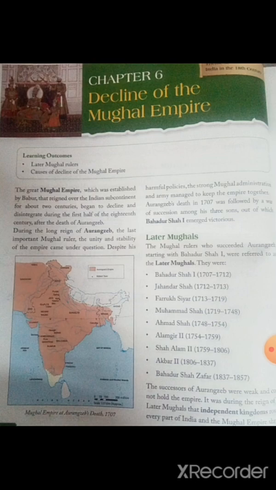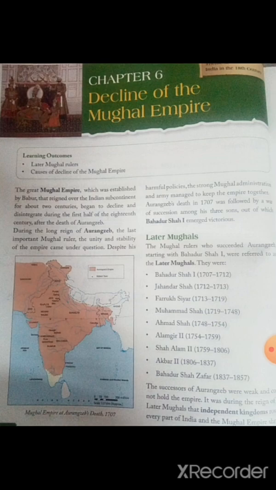How did the Mughal Empire start to disintegrate and decline?